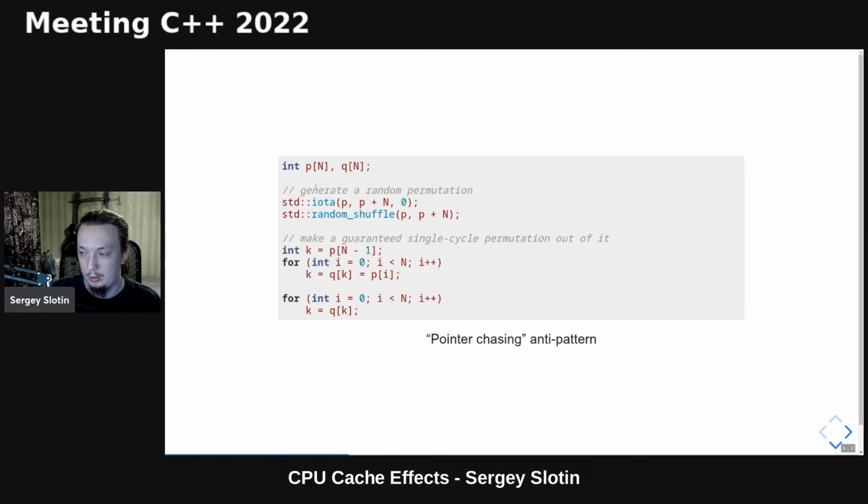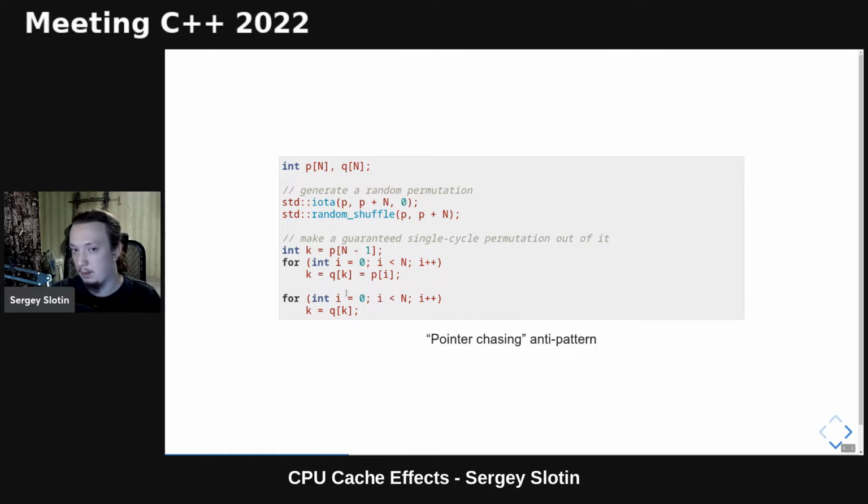So we are generating first a random permutation, and then we are creating a cycle out of this random permutation that follows the indices in it. So this is essentially a random cycle, and then we are starting at some element of this cycle, and we are jumping to another element that the current array cell points to.